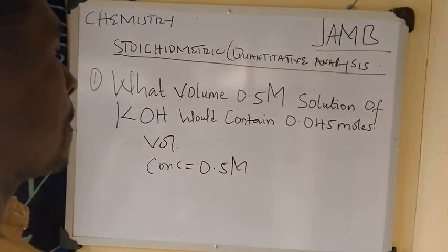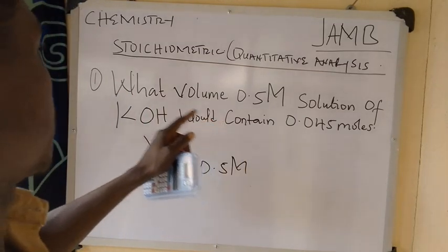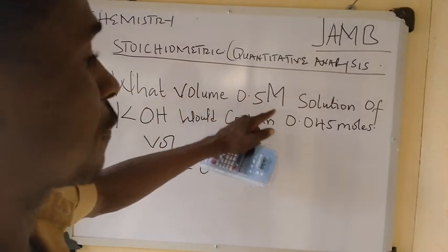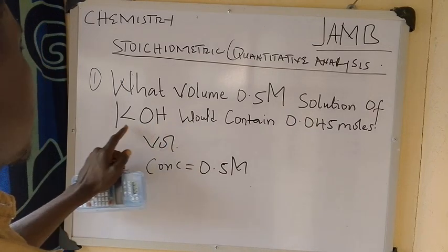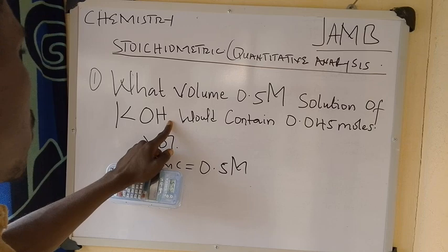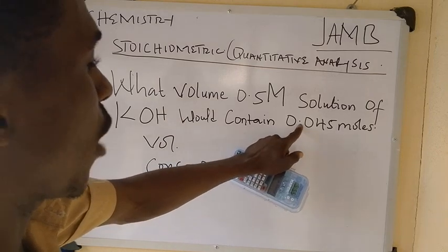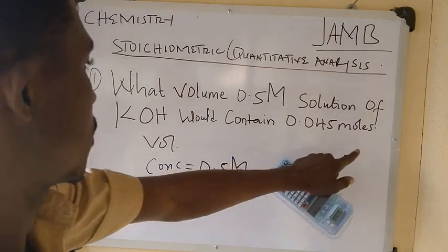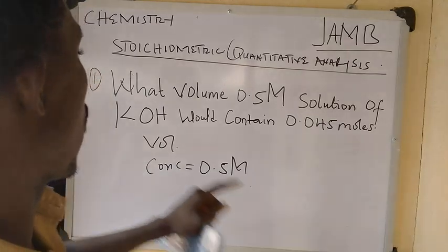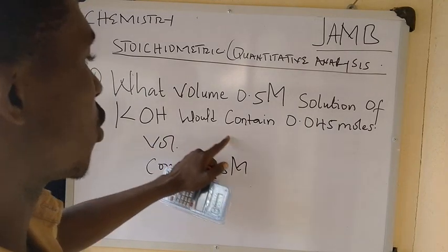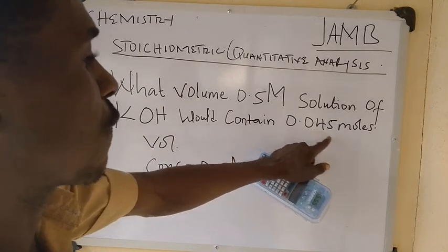Then secondly, they said what volume of 0.5 molar solution of KOH, that is potassium hydroxide, will contain 0.045 moles. Do you get that? What volume of 0.5 molar solution of potassium hydroxide will contain 0.045 moles?